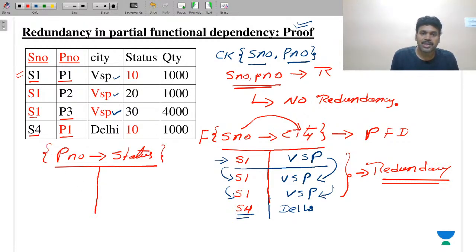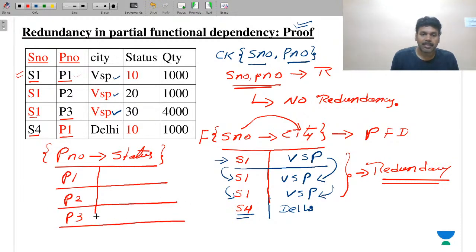But whenever PNO is repeated, you have to repeat status. So the first PNO is P1 in the table, the second is P2, and the third is P3. You can have any values in the status, we don't mind. But whenever P1 is repeating, its bound value should come. So status 10, here also it has to repeat with 10. This is the concept of redundancy. But P2 and P3, as they are not repeated, we don't mind.